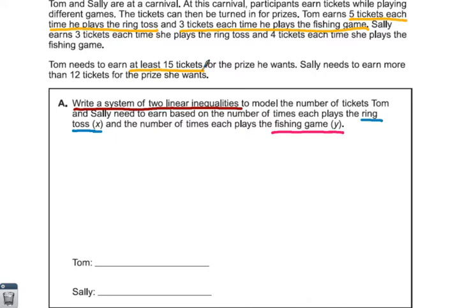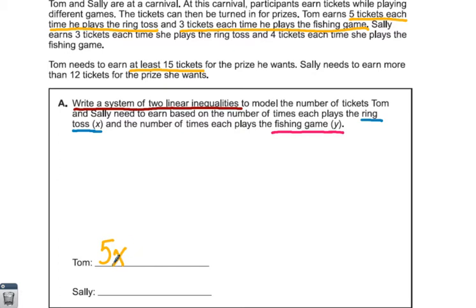since x is the number of times Tom will play ring toss, and he earns 3 tickets each time he does that, it'll make sense to multiply 3 and x together, or rather 5. I take that back. I'm sorry. He earns 5 tickets each time he plays ring toss.